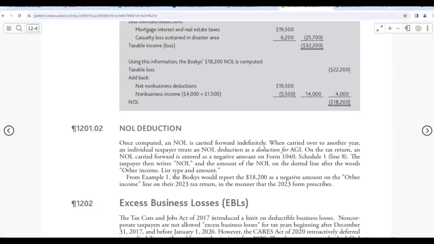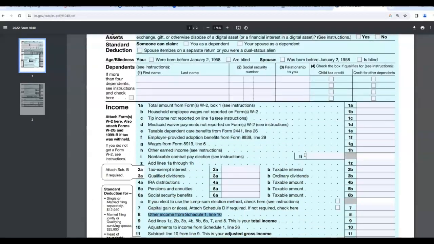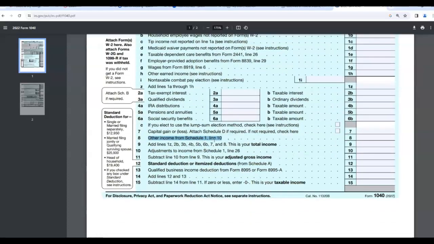Here it says, in this example, the Bosques would report 18,200 as a negative amount on the other income line in their 2023 tax year tax return in the manner that the 2023 form applies. Here, I just show you 2022 because I think 2023 is not ready yet. But anyway, it goes in other income with a minus.